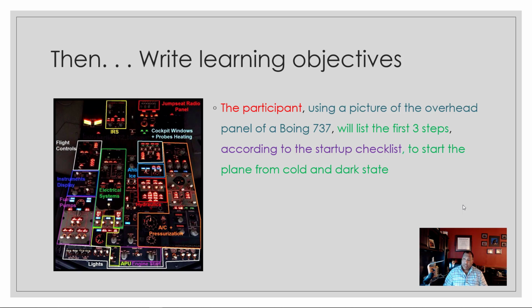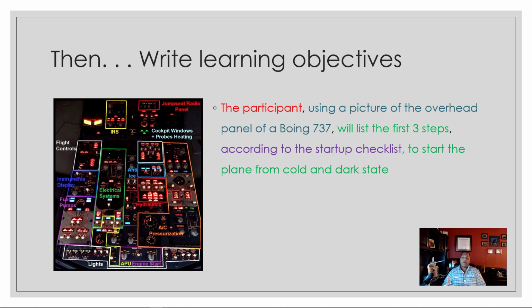As you can see on the screen, the objective reads: the participant, using a picture of the overhead panel of a Boeing 737, will list the first 3 steps according to the startup checklist to start the plane from a cold and dark state.